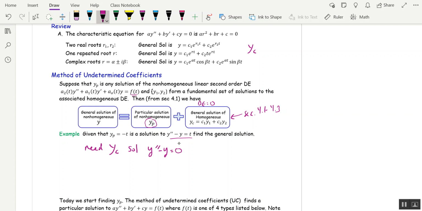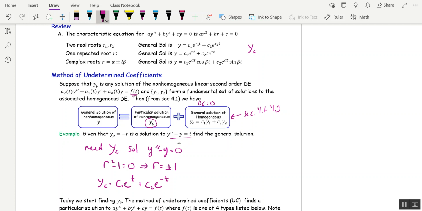That's the associated homogeneous differential equation. So the characteristic equation of that is r squared minus 1 equals 0, which factors as r plus 1, r minus 1. So we have 2 real roots, r equal plus or minus 1. And so yc is c1 e to the t plus c2 e to the negative t.